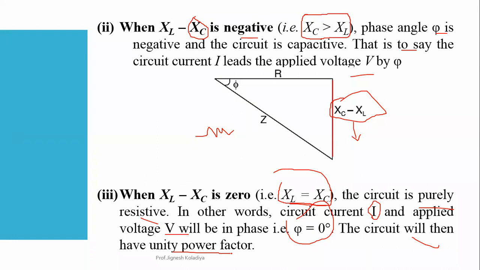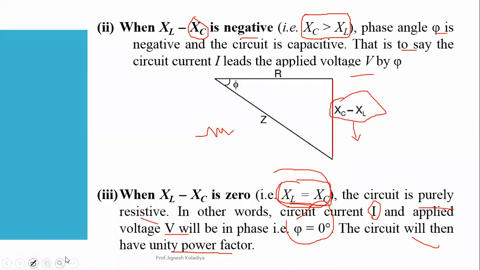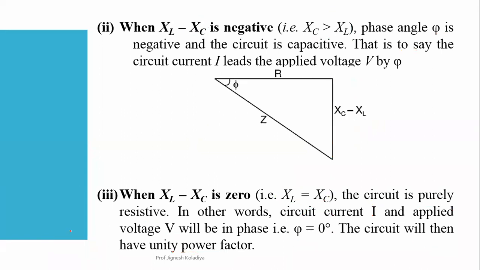One more thing, this condition XL equal to XC is known as the condition of resonance, and resonance in series RLC circuit and resonance in parallel RLC circuit, that topic we will discuss later on. That is also part of your syllabus, but we will discuss it later on.